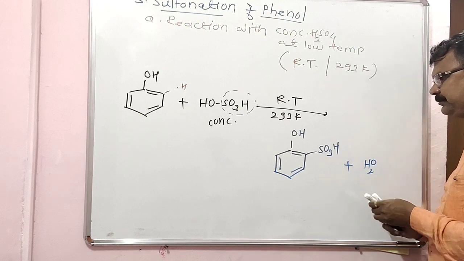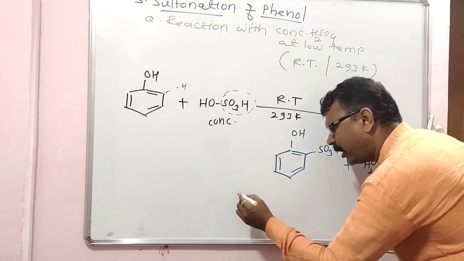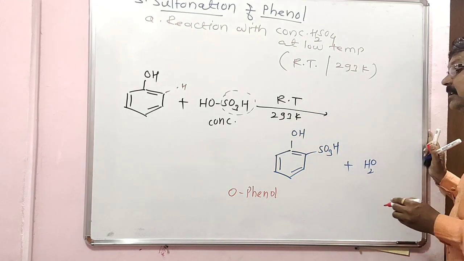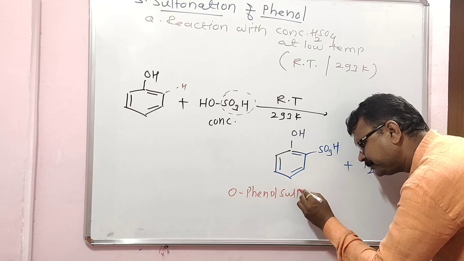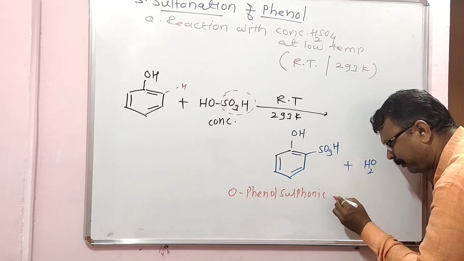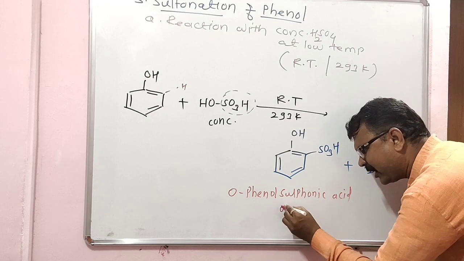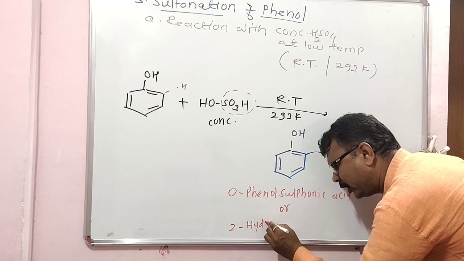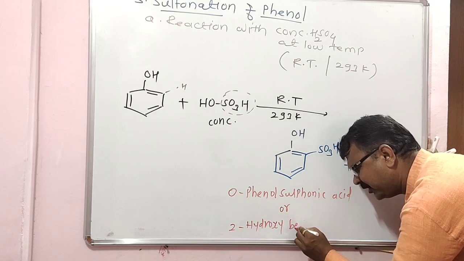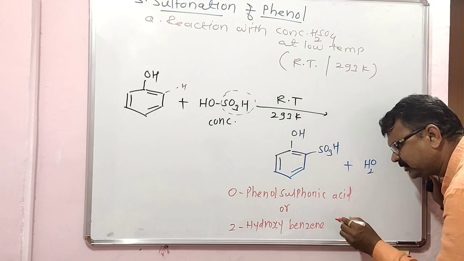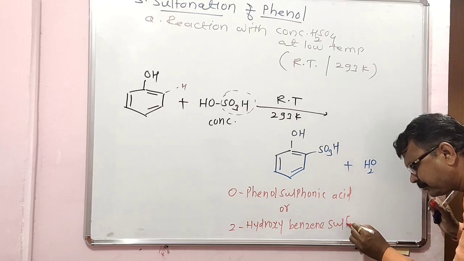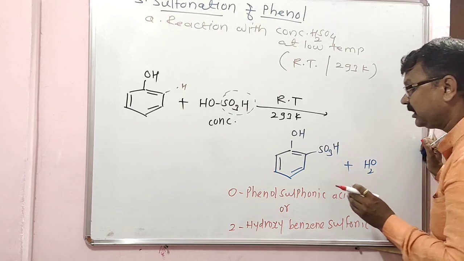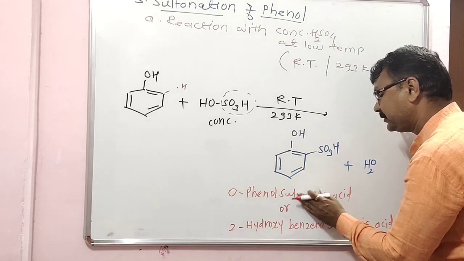The name of the compound is orthophenol sulfonic acid, or IUPAC name 2-hydroxybenzene sulfonic acid.